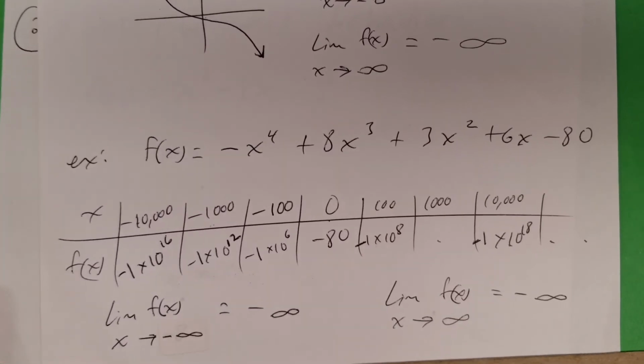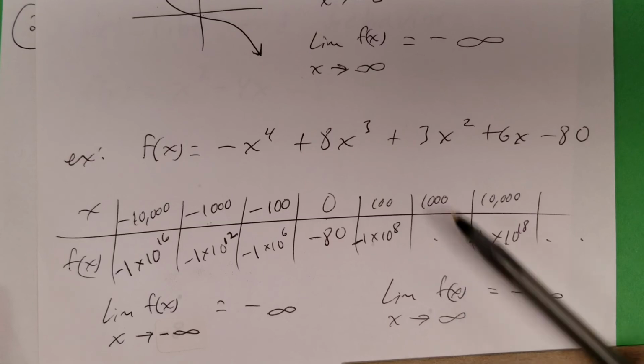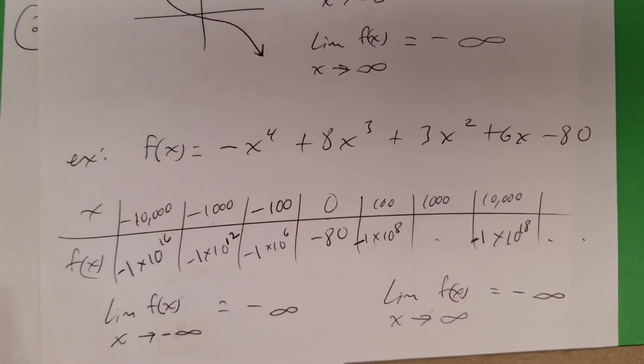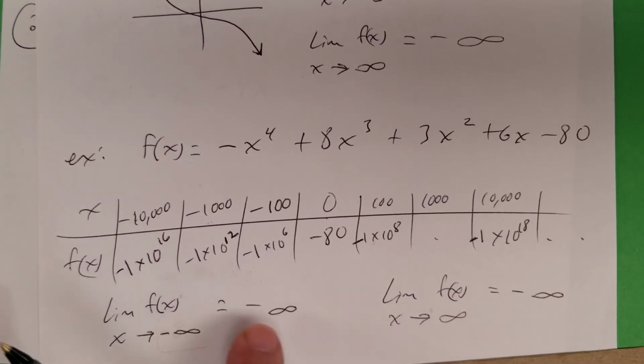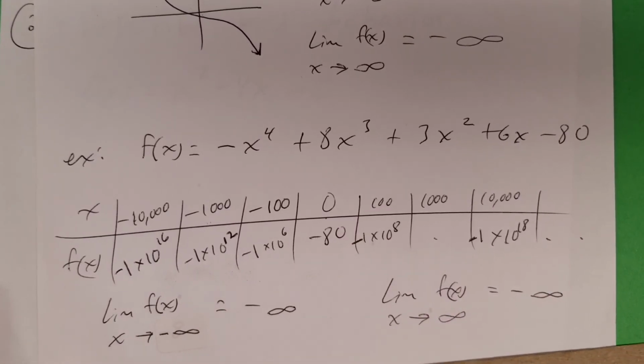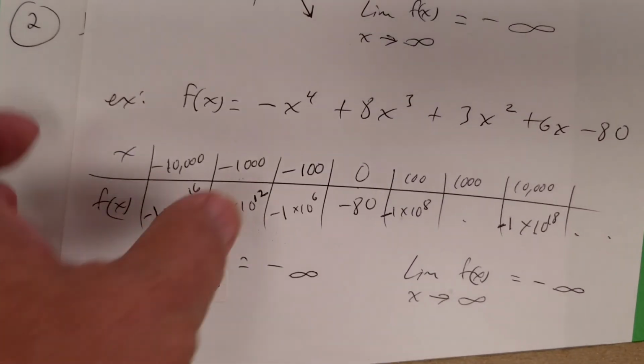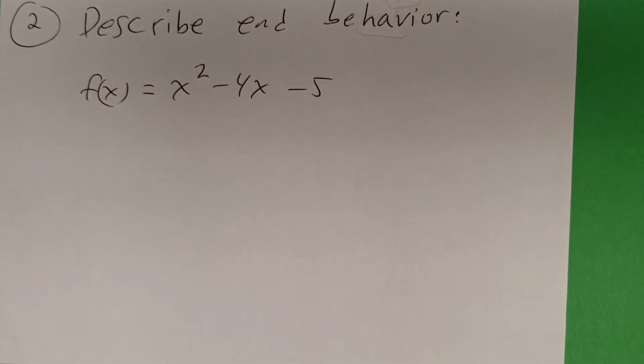So it must be a U shape upside down, because they both go down. Whether you're going to the left or to the right, both go down. Okay?